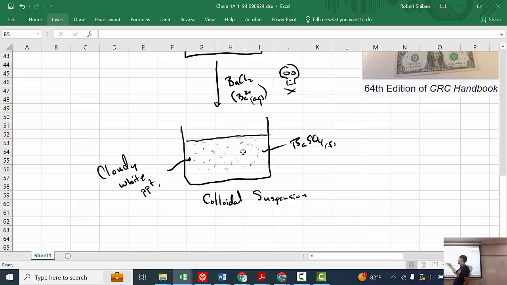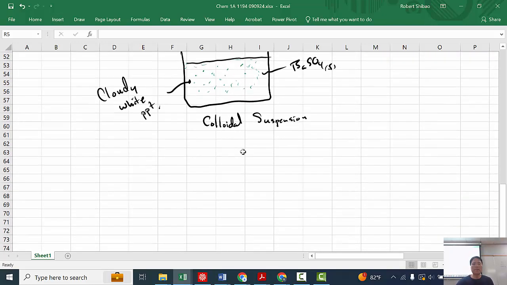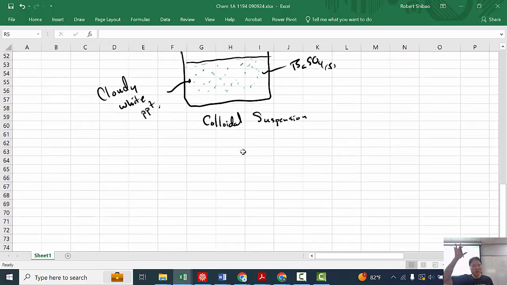You know, when we have particles, they should settle down. The precipitate should settle down to the bottom of the beaker, but they never do because these crystals are too tiny. It's like milk. If you wait for the proteins in milk to settle down, you're going to be waiting forever because milk is a colloidal suspension. The particles are too small to settle down.